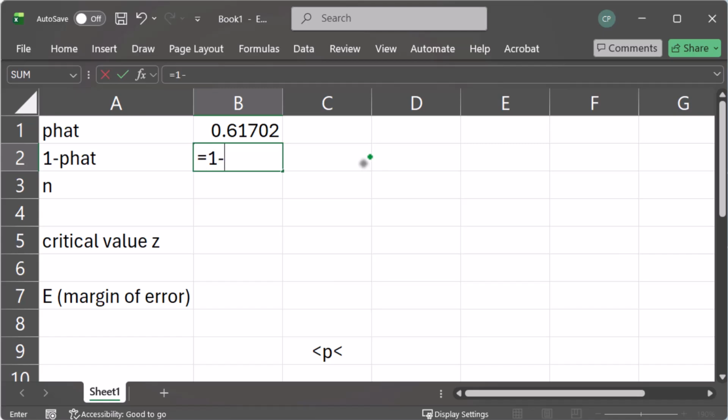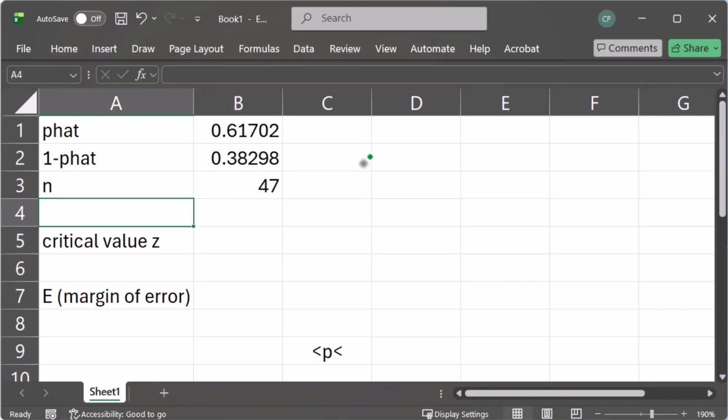This is another equals 1 minus, and then I'm going to use the p hat I computed above. That 1 minus p hat is sometimes called q hat. That's essentially the percentage or the proportion of the sample who was not full-time. And then n was 47 in this case. We're going to talk about the critical value in just a moment, but I will include here the standard error.